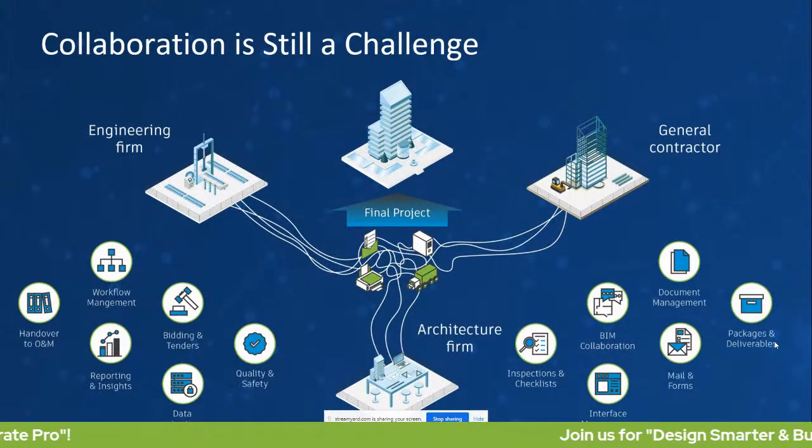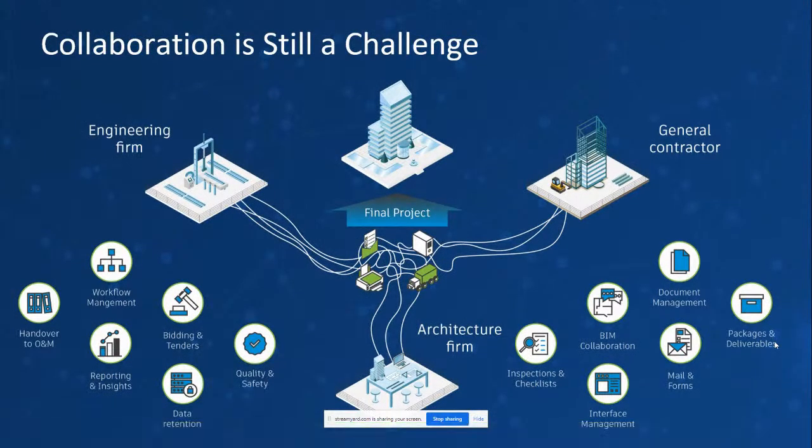All these different firms that need to collaborate together, which could be your architectural firms, your mechanical firms, electrical, plumbing, structure, hydraulics, fire, all these firms still sit within their own silos and within their own offices and work within their own environment, which means that they're not really collaborating with the rest of the extended project teams. And not only that, there are also a lot of extended teams, and we are talking about field executives, we are talking about inspections and checklists, we are talking about bidding and tenders and so on.